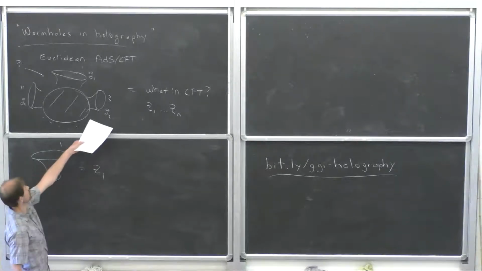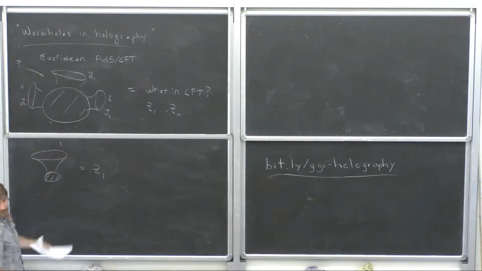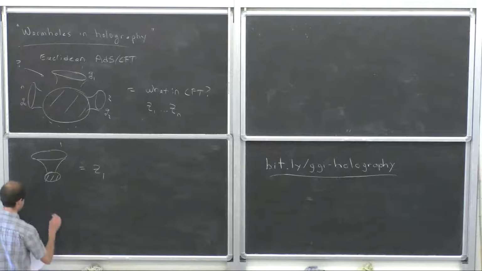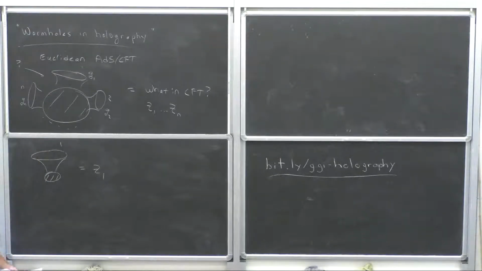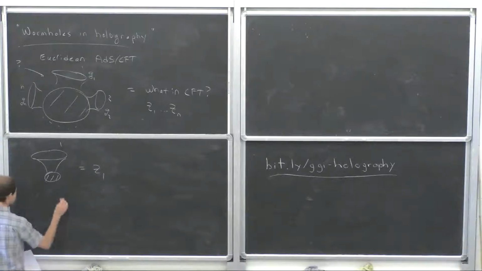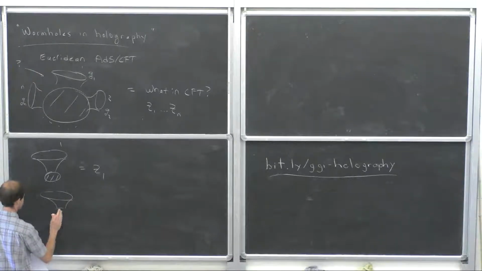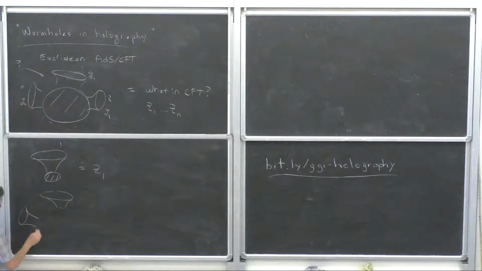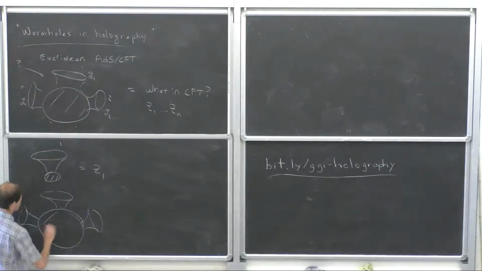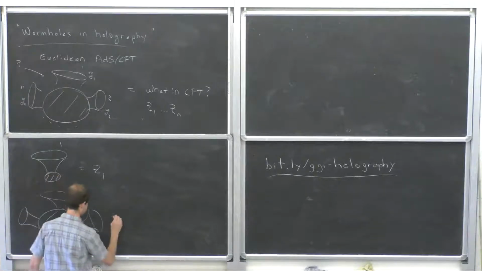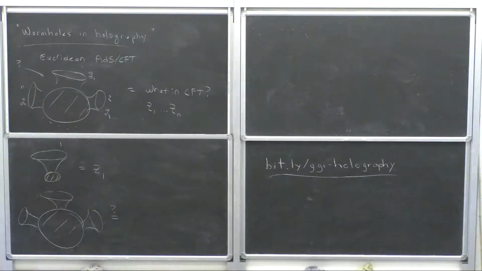The same thing would be true for 2, 3, 4, up to n, in which case we would have this picture with all these different throats attached, filled in by something, is in fact equal to something much simpler.